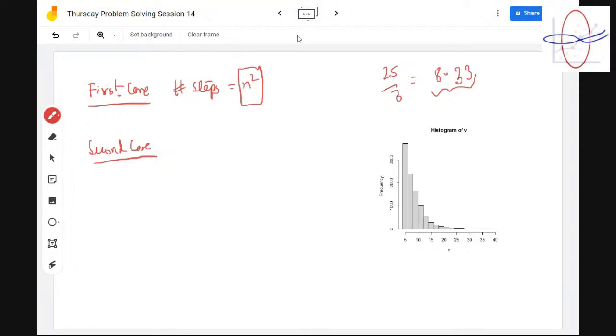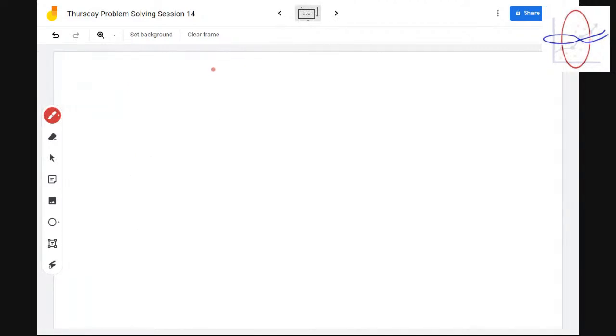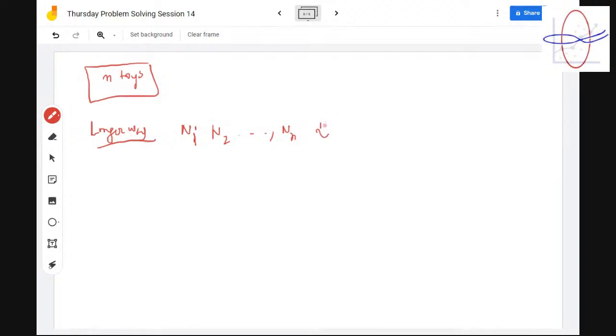Understand that if there are n toys, by the longer way, for each there will be n1, n2, n3, up to nn steps, right? Each of these will follow IID geometric 1 by n, since there are n toys.